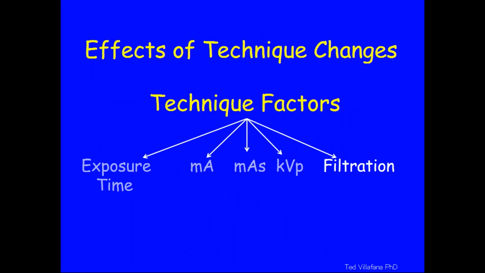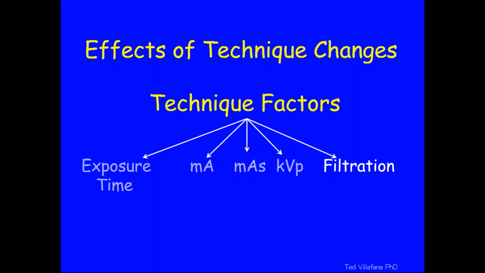Enough said for kVp. Let's go on to filtration, another parameter. Now, this one I've put as a technique change, but in the USA, we are pretty much using a fixed filtration. We typically don't change filtration in radiography. We do change filtration in fluoroscopy.